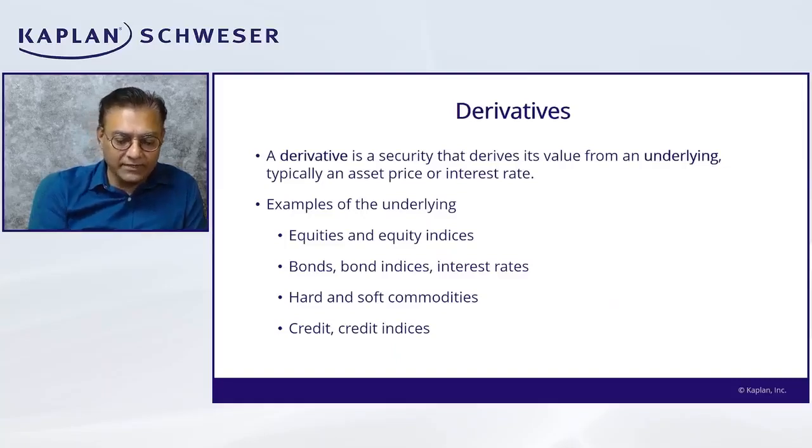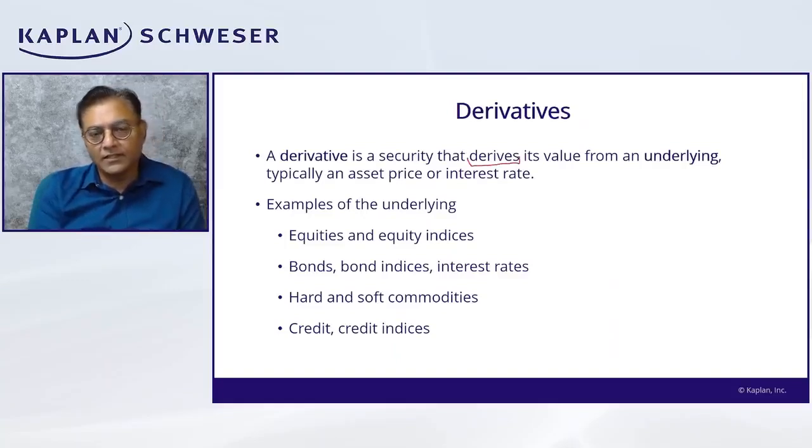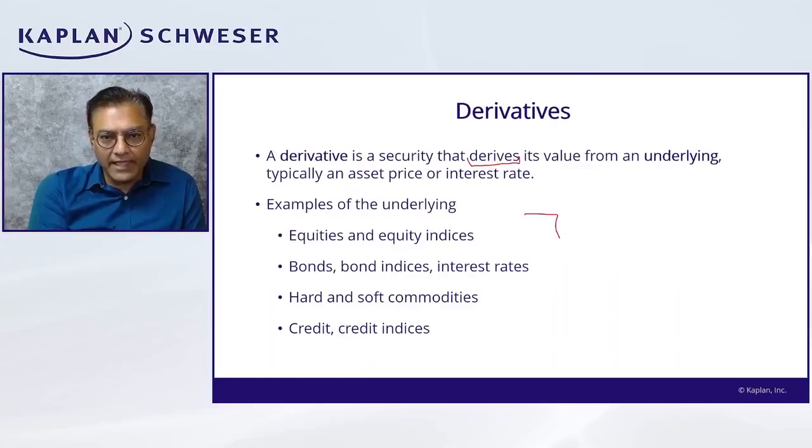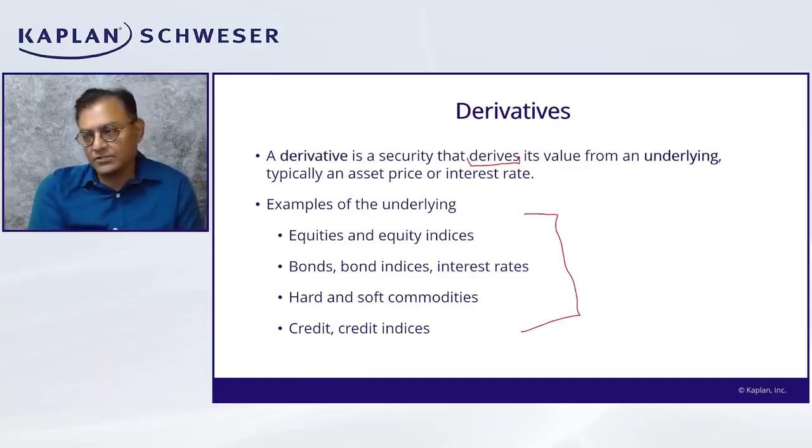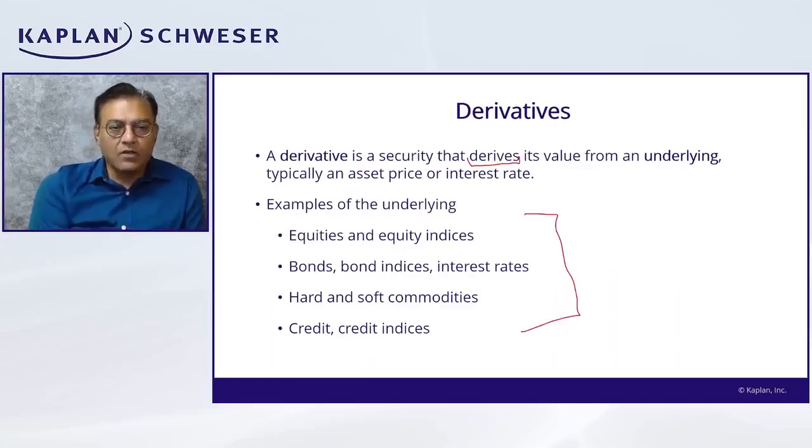All right. So a derivative is simply a security that derives its value. The label derivative is based on the fact that it derives its value from an underlying. The underlying can be a variety of things. You can have different securities such as equities or bonds or equity indices, as well as interest rates.